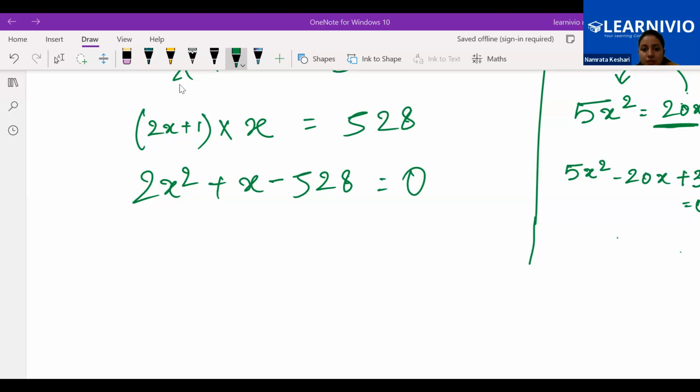X equals 33 by 2 and x equals minus 8, two answers you have got. This is what Harshit has got. Rest of the students, what are you getting?